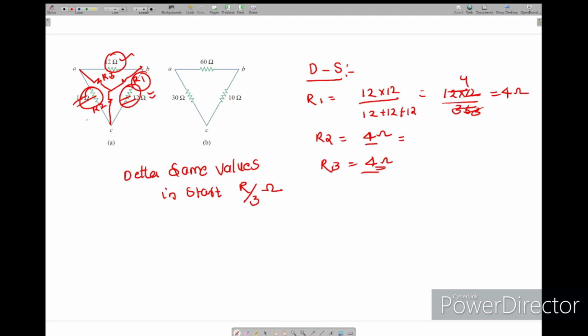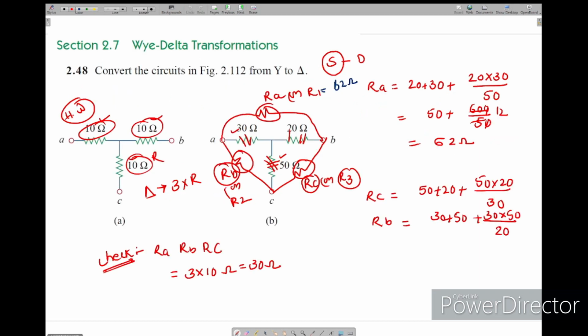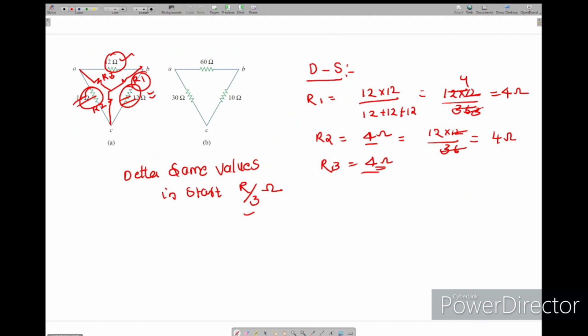See, R2 is between, again 12 into 12 divided by 36. Again I got 4 ohm. This is what the shortcut means. Whenever all the values are the same, while going from delta to star, simply divide that value by 3. If you are going from star to delta, whatever the same values, multiply by 3. So here it is multiplication, here it is division.